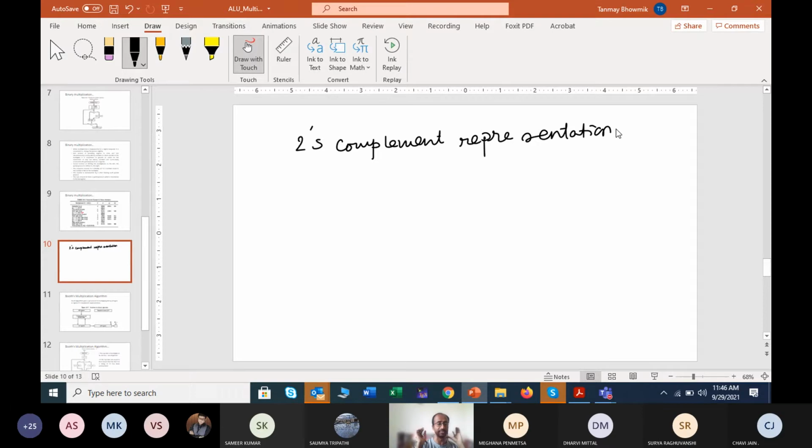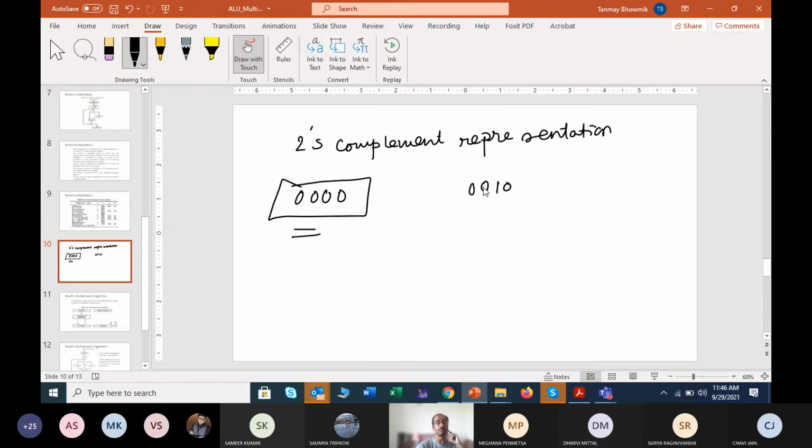Say if I take a small example, you were using a 4-bit representation format, where every number is represented in 4 bits, and say you have taken the number 2. So 2 is basically represented by 1 0, and in 4 bits it should be 0 0 1 0.